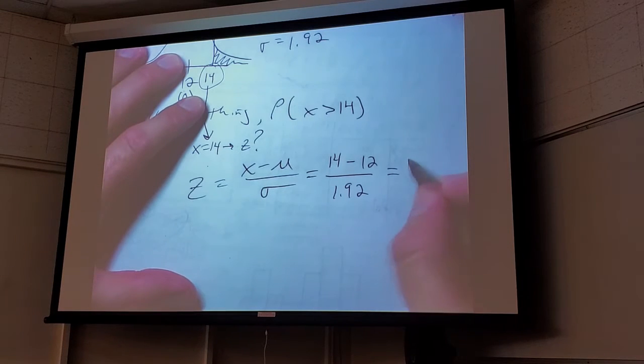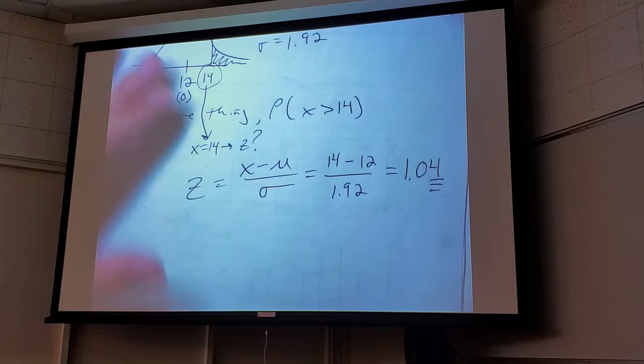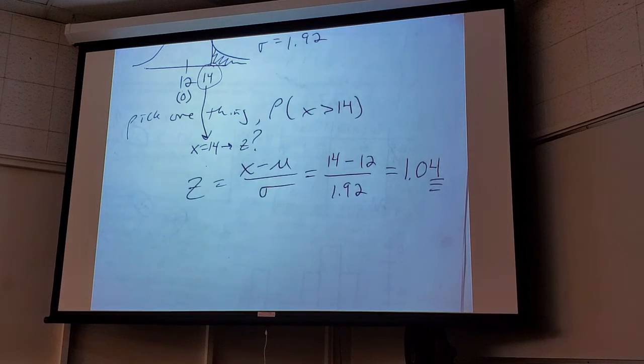So where would I stop, considering what my chart could do? 1.04. Always round it to that place, don't just cut it. Why is that a 4? Because the next number's a 1. It would only be 2 decimal places. Why do we do these 2? Because what's the chart do? It only goes out 2 places. So of course we're going to convert that to 2 decimal places.